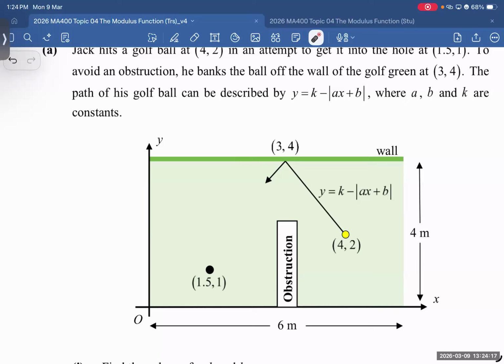Then your graph will be y equals 4 minus modulus of 2x minus 6. Or K could be 4, A could be negative 2, B equals 6: y equals 4 minus modulus of negative 2x plus 6. You draw these two, you will realize that they are the same graph. That's the graph.